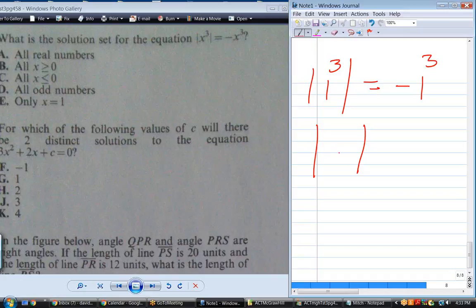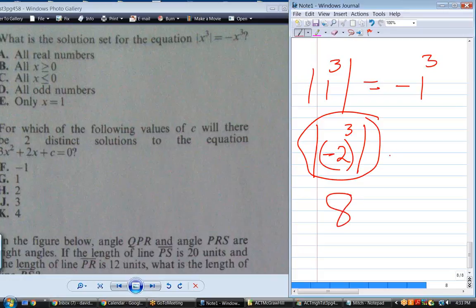Let's try 2. Now remember, we have to put that in parentheses. We're cubing it. What's that answer? It would be 8. And on the other side, we have minus a minus 2 cubed, which is minus a minus 8, which is positive 8. So negative numbers appear to work, and in fact, all negative numbers are going to have this same thing.